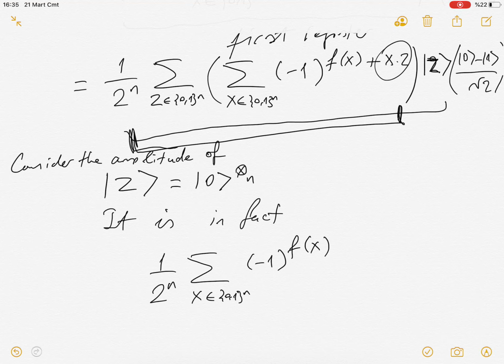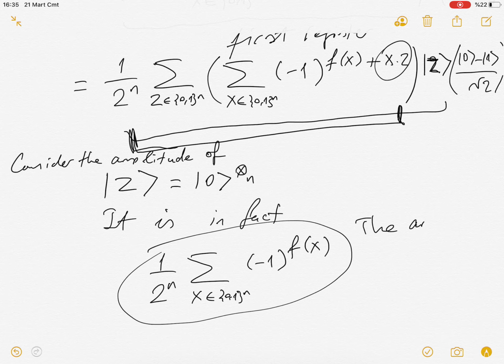Okay, so this is the amplitude of the 0, 0, 0 state, the all zero state. In this superposition, we also have other combinations with possibly different amplitudes, but let's consider the amplitude of all zeros.